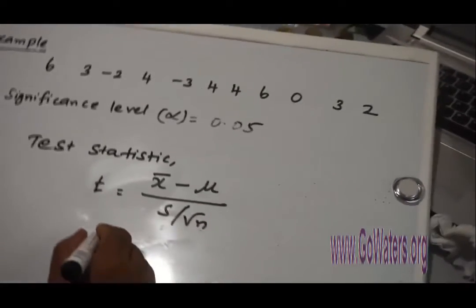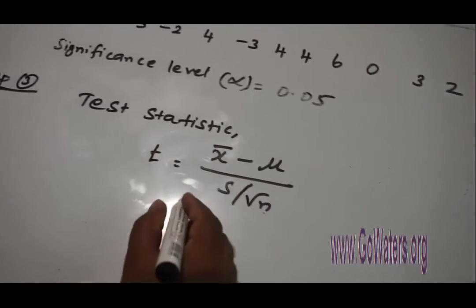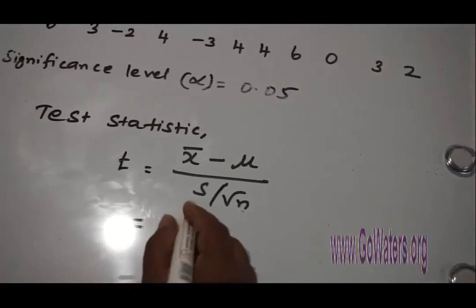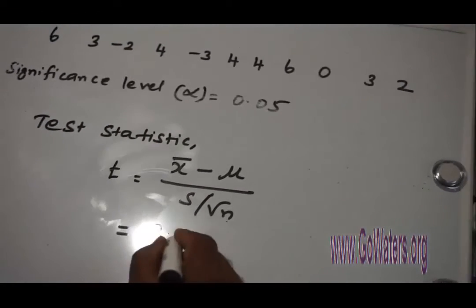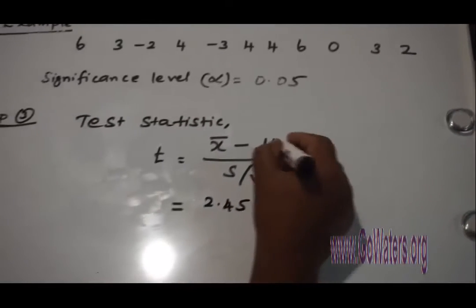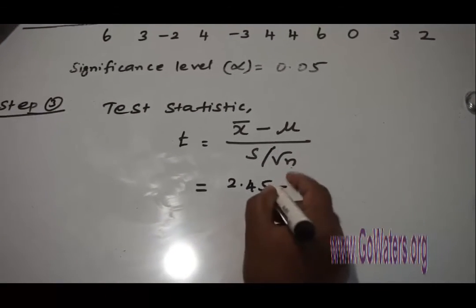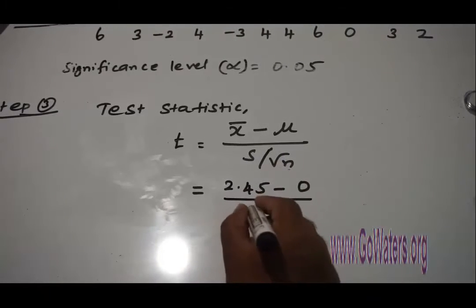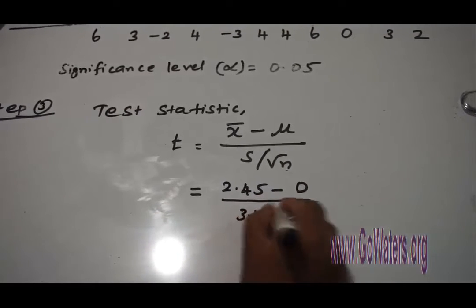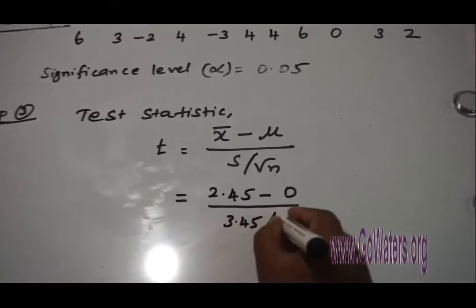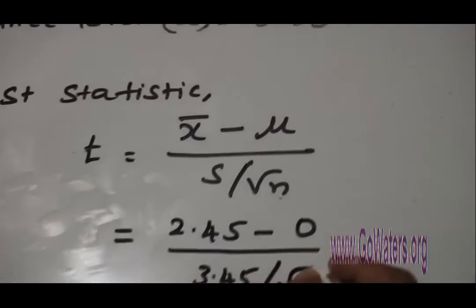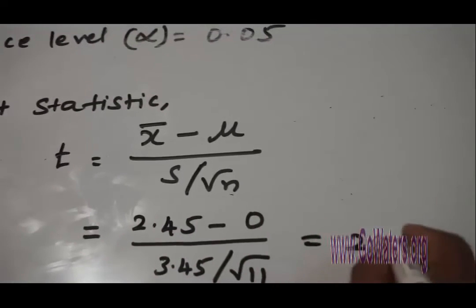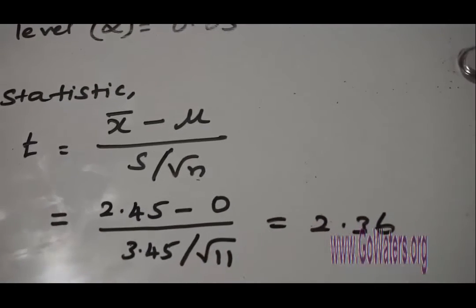My x bar is 2.45, minus my mu, which is 0 from the hypothesis, divided by my standard deviation, 3.45, divided by the square root of my sample size, 11. When you simplify this, you will get 2.36.